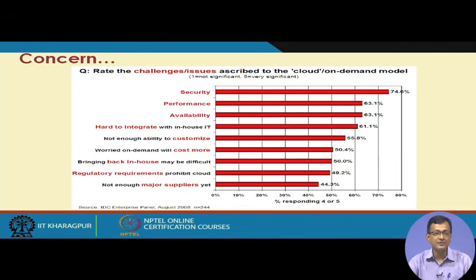If we look at some references, the IDC enterprise panel in 2008 said that the major challenge or issue is security, then performance, then availability and so forth. From their survey, security is still at the top level when you look at the challenges and issues.